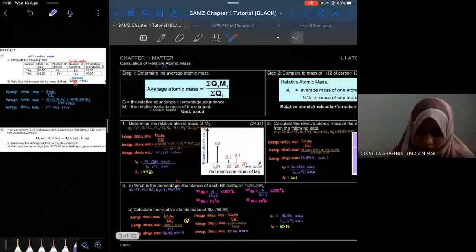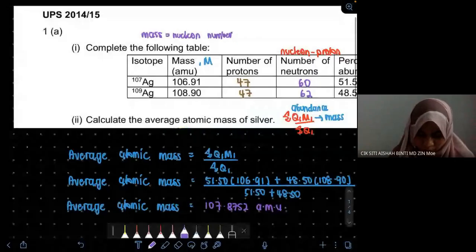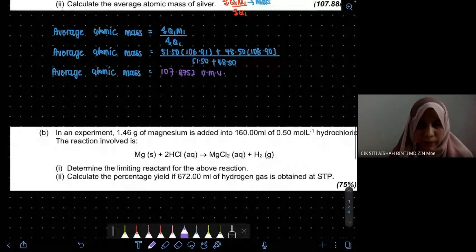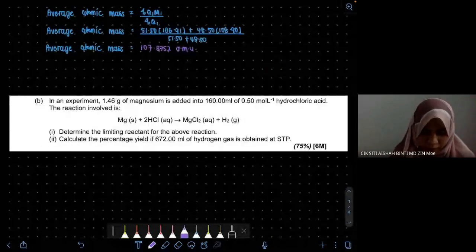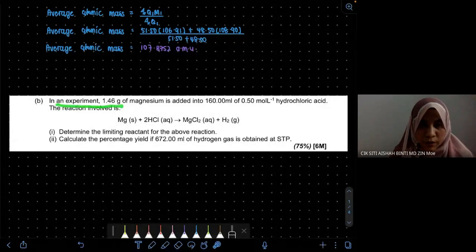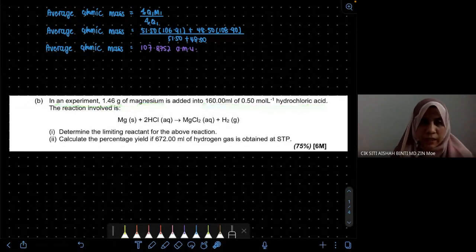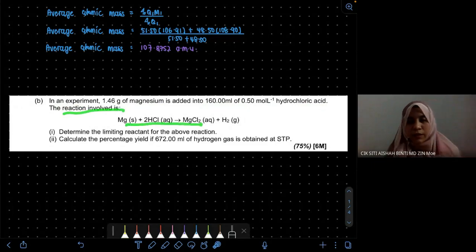Now we do question B. In an experiment, 1.46 grams of magnesium is added into 160 ml of 0.5 M hydrochloric acid, and this is the reaction equation. The first part: determine the limiting reactant.